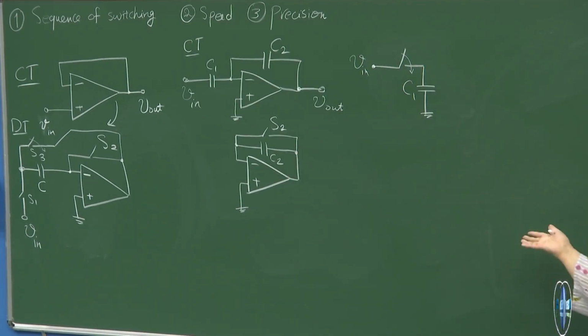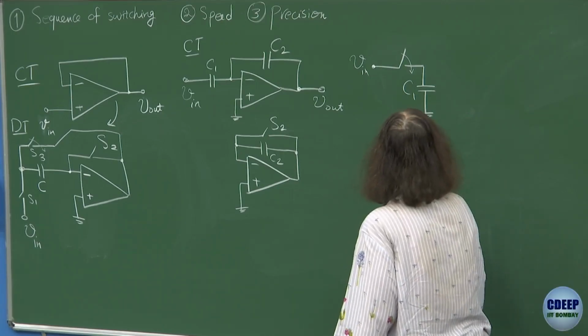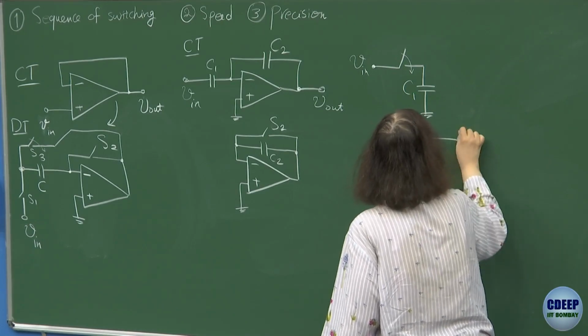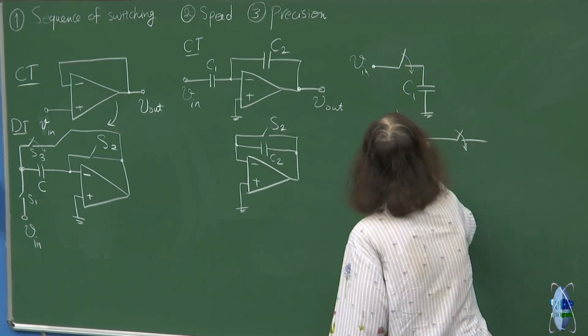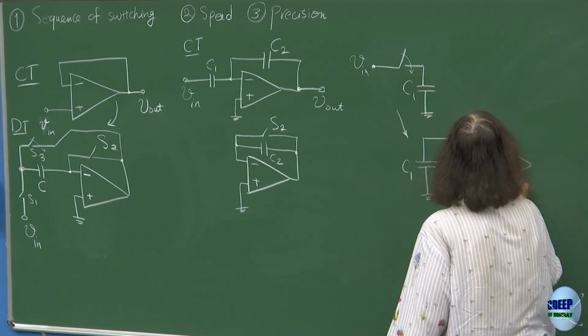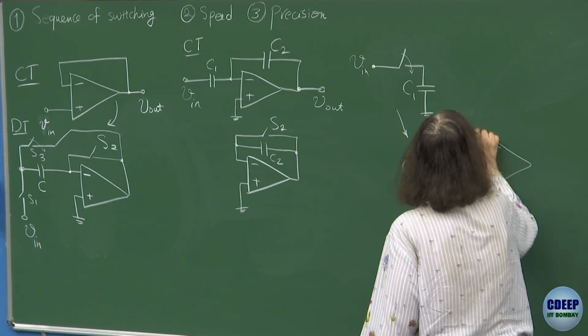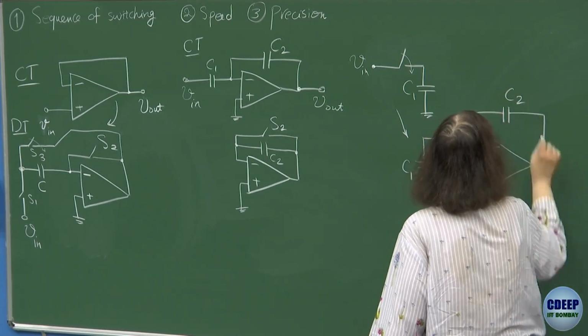So I sample the Vin on C1, and then in the next phase, I will connect it to the input of the circuit, C2.